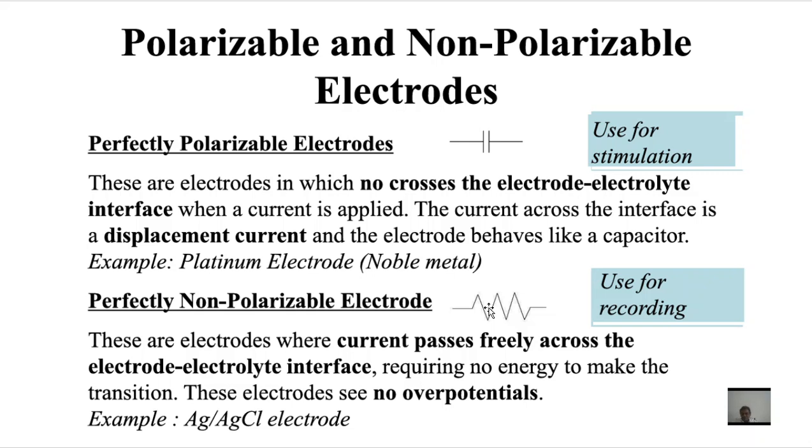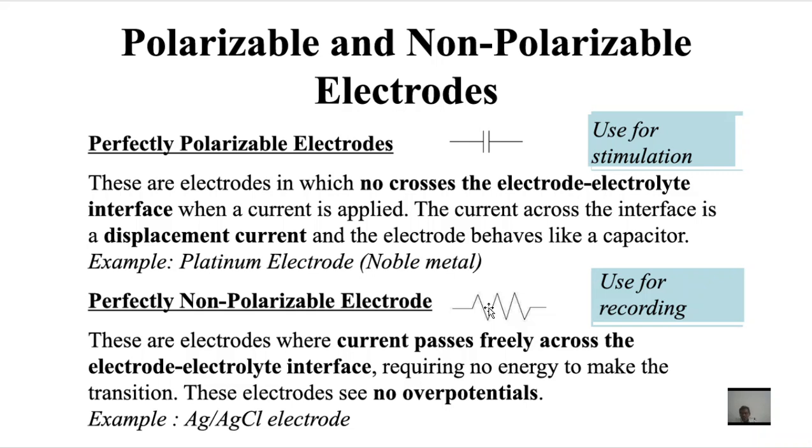After equilibrium at the metal-electrolyte interface, that is the joining surface, one side has positive ions and the other side has only negative ions. That depends upon the type of the electrode.